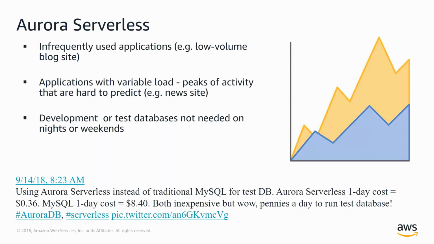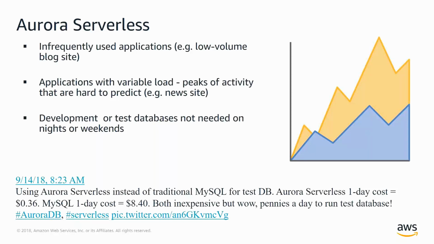In the morning, when the developers come back in and the first person goes to connect, just through normal means, you don't have to know any API calls or use the console or anything. You just go to connect. That very first call, it takes about 10, 15 seconds. But then after that, it's up and running and everything functions and works as though it had been on all day long.